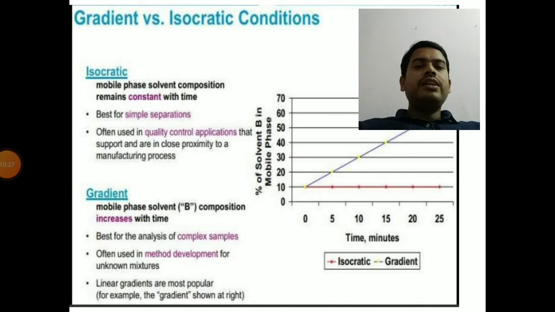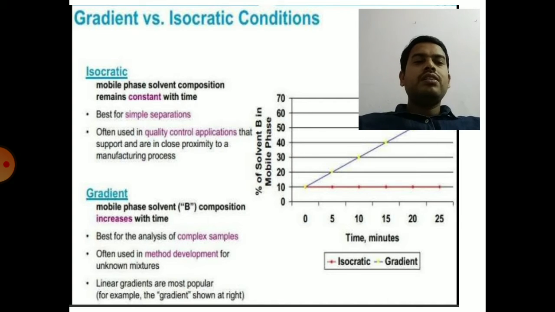In isocratic elution, the concentration of the buffer is the same throughout the time. It is only the volume of the buffer that is used to elute the sample particles out of the column. The concentration of the buffer remains the same. So that is isocratic elution.